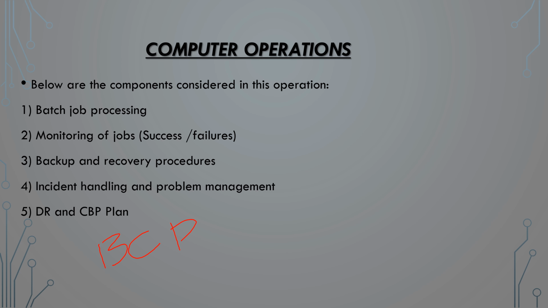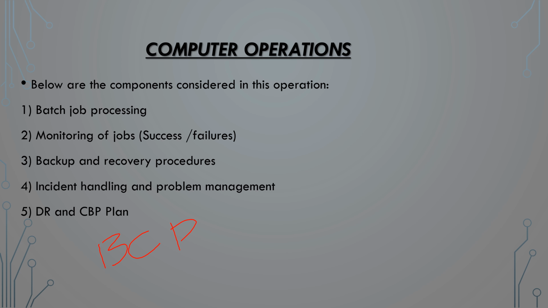DR is disaster recovery and BCP is business continuity planning. DR means once our data center goes down for any reason, for example any kind of major earthquake or tsunami, we have made a clone of the data center, which acts as the DR. So we can say the disaster recovery site is the duplicate of the data center, having the same kind of features.